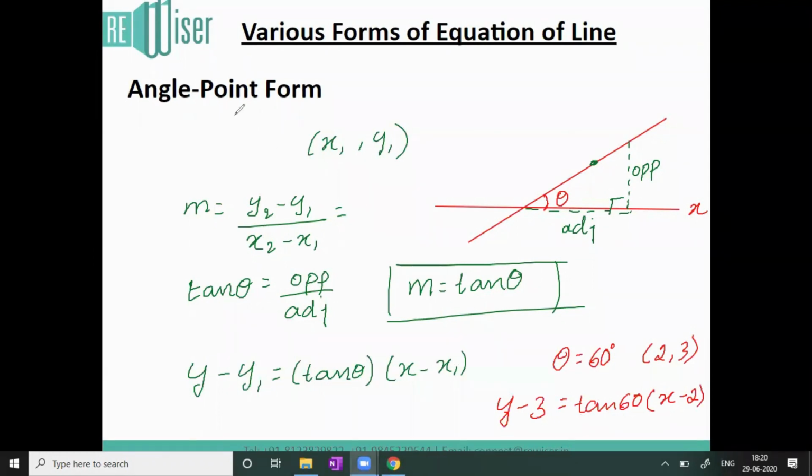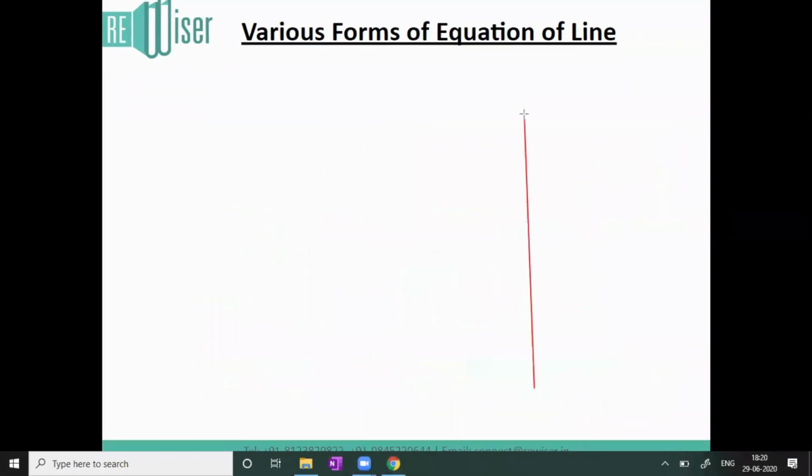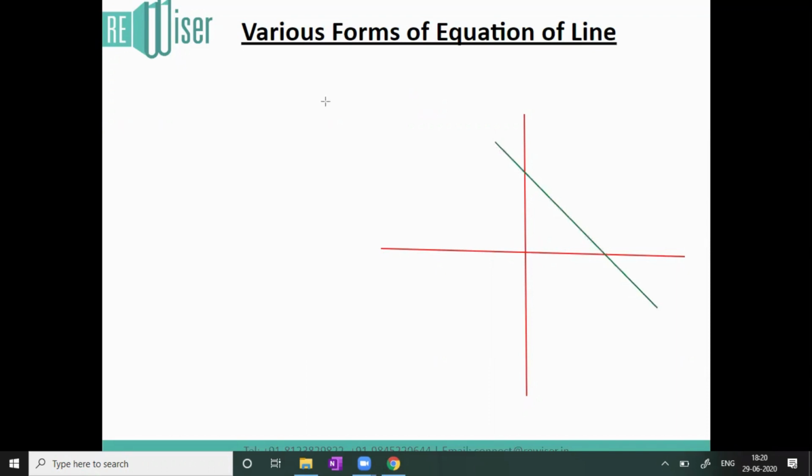And last but not least, let's talk about another form of equation. Let's say I have the xy plane, with the y-axis and x-axis, and I have a straight line which has both the intercepts. Let's say this is my y-intercept, which intersects with the y-axis, and this is my x-intercept.